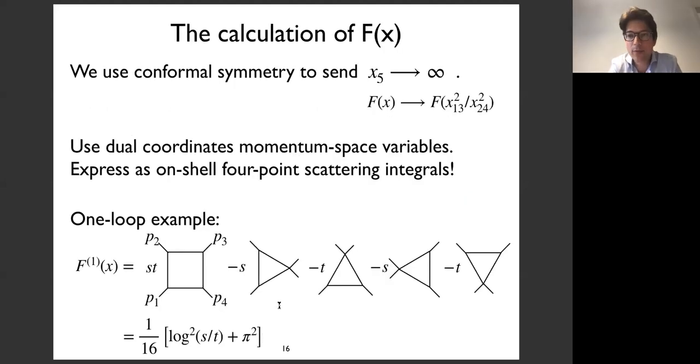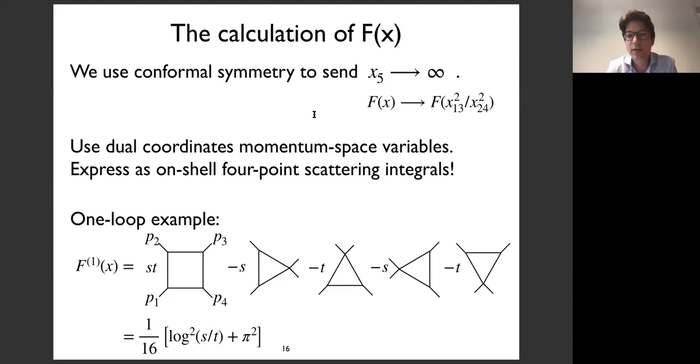So how do we get f? We can use some tricks, which are based on the fact that f is finite and that it's conformal. So we can send the point x5 to infinity by using a conformal transformation. And you can see here that the function f is still a non-trivial function of one variable. So that's sufficient to determine f. But at the technical level, we gain a lot.